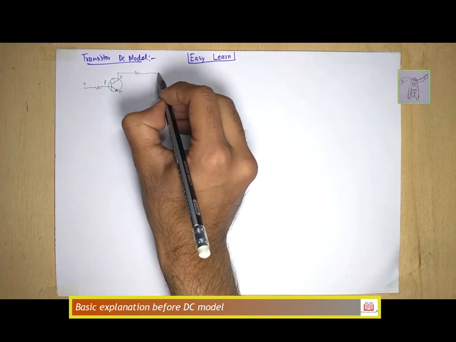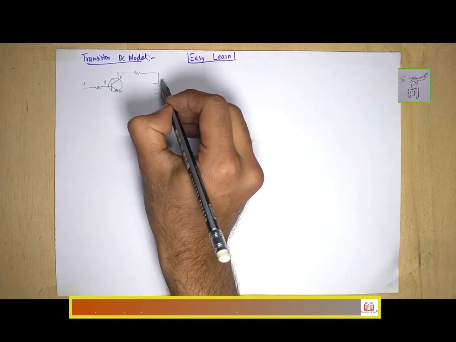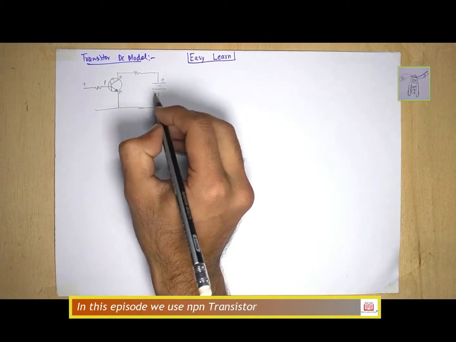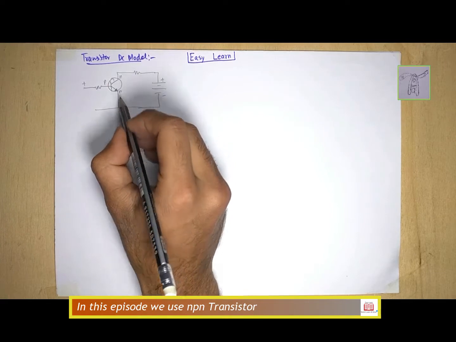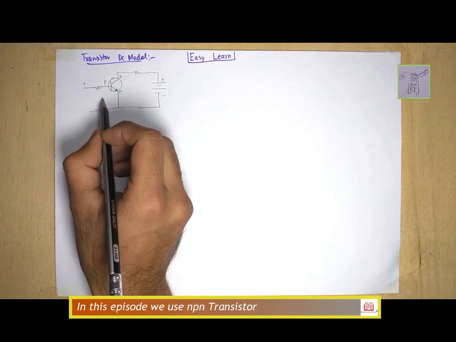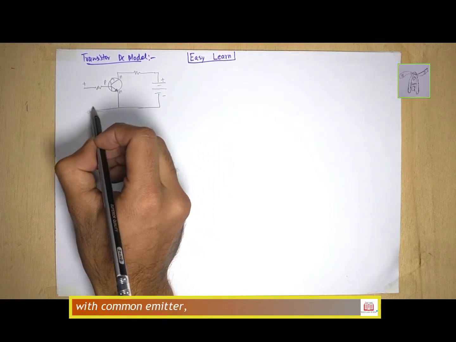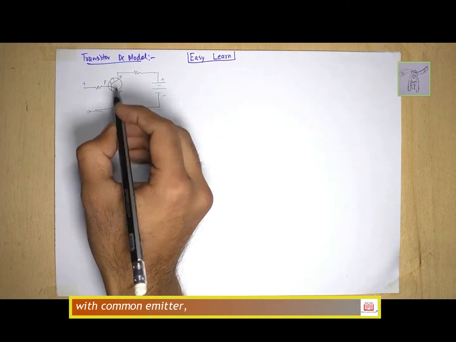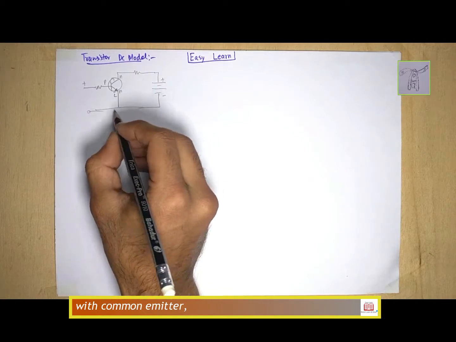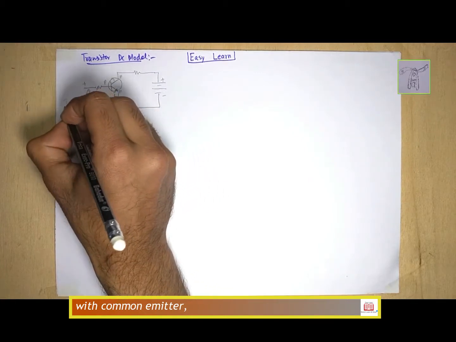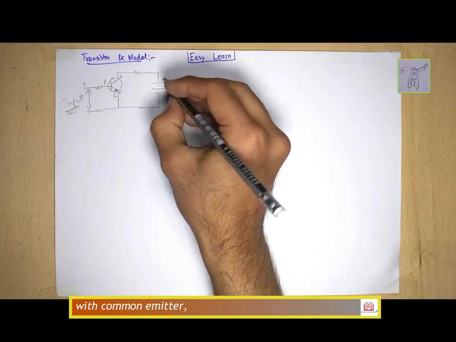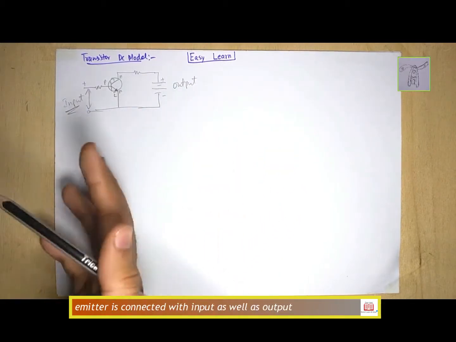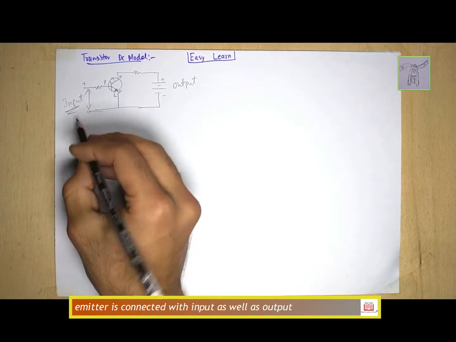This is connected with the positive side too, because this is the common region, and the negative is connected with the N. Here is another biasing source, and its negative is common with the emitter region. These terminals are our input region, and these are our output region. So to simplify this diagram, I'm going to draw the DC equivalent circuit.